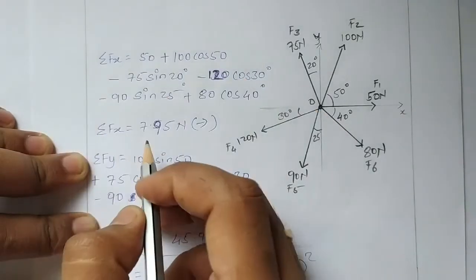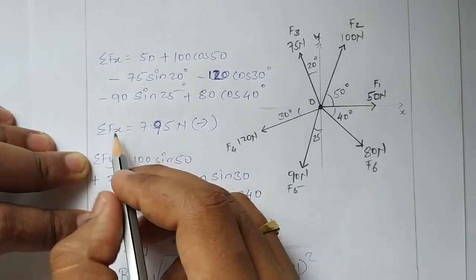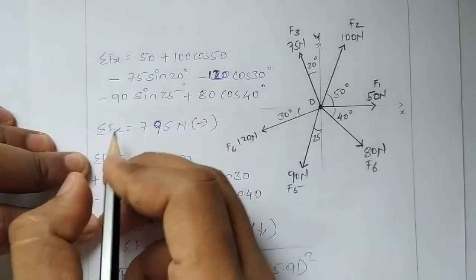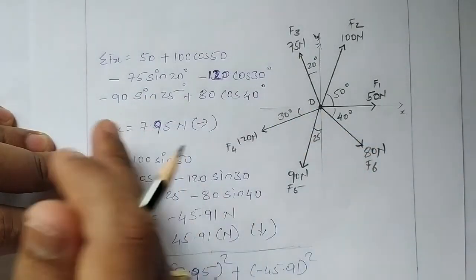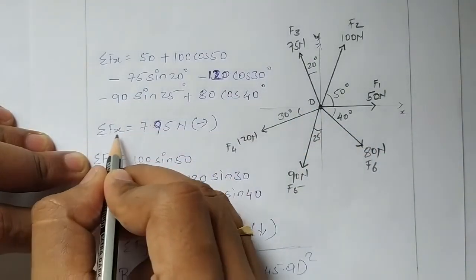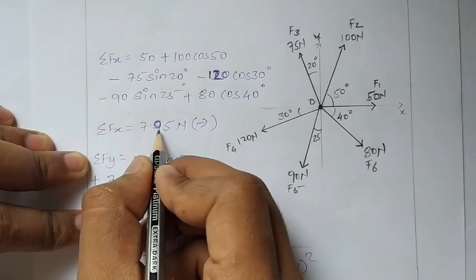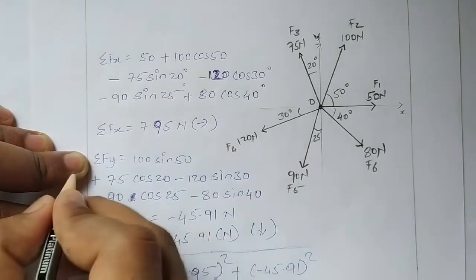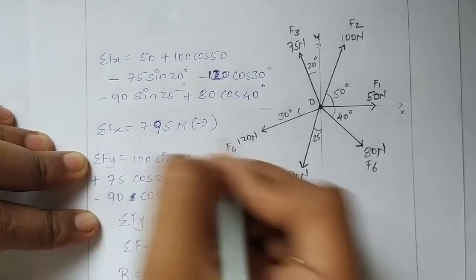When you do the summation of all the forces in the x axis, summation of Fx comes out to be 7.95 Newton positive, that is towards right.